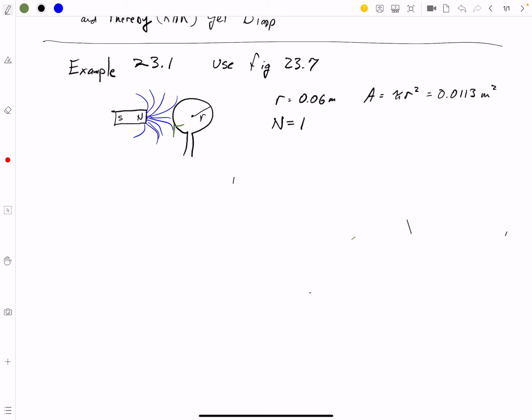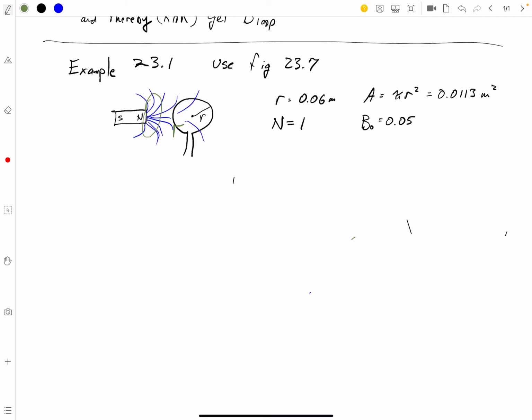Our initial magnetic field, when we start off, we only have a little bit of magnetic field going through the loop, okay? Just a little bit. And then gradually, as it moves forward, it's going to get a lot more dense as we push forward into the loop.